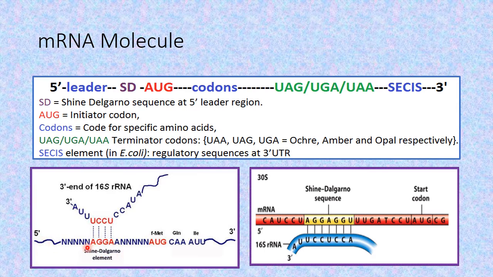And this is how the messenger RNA associates itself with the translation machinery, that is the ribosome. Now, once the ribosomal machinery associates itself with the messenger RNA at the Shine-Dalgarno sequence, the elongation process will move downstream, that is from the 5' to the 3' region of the messenger RNA.